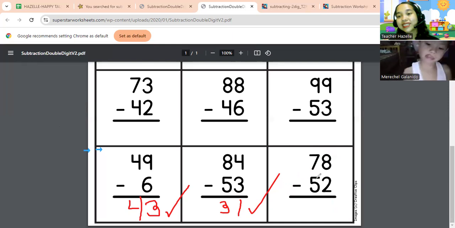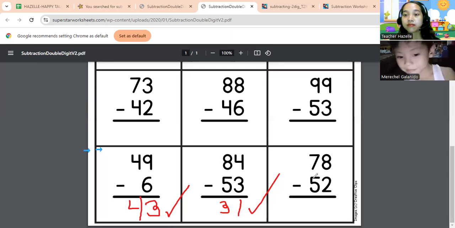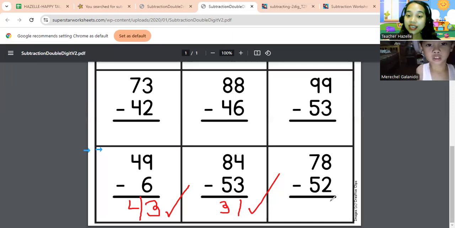You do it. 8 minus 2 is equal to how many? 6. Correct. And then 7 minus 5 equals 5.